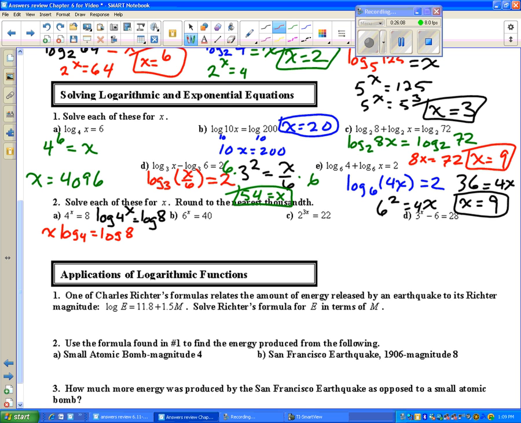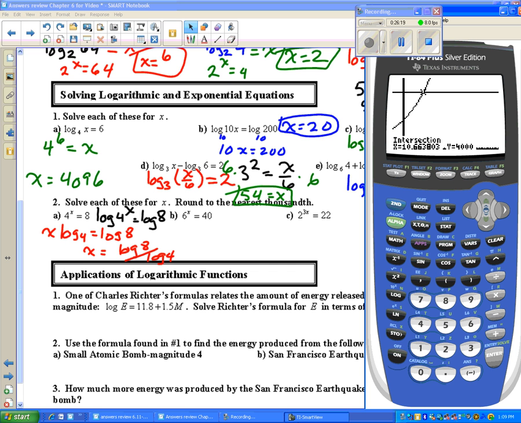Divide both sides by log of 4. X is equal to log of 8 divided by log of 4. I go to my handy dandy calculator. I do log of 8, close parentheses, divide by log of 4, close parentheses, and I get 1.5.